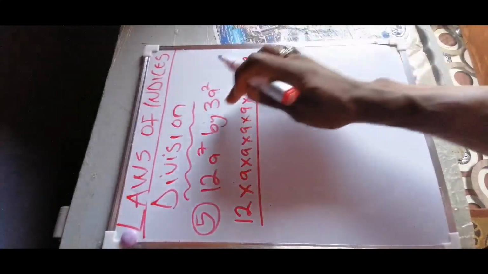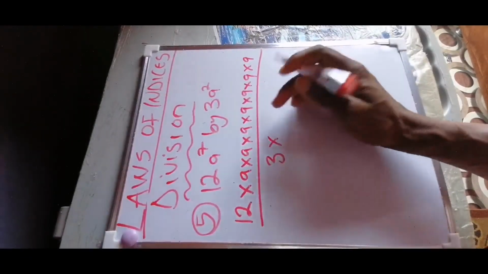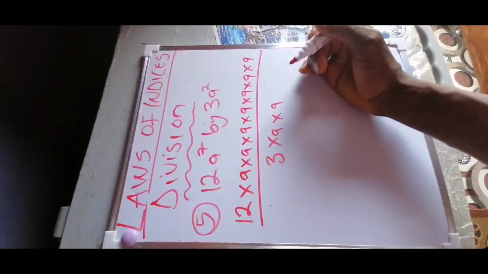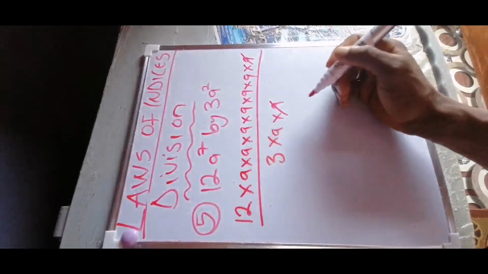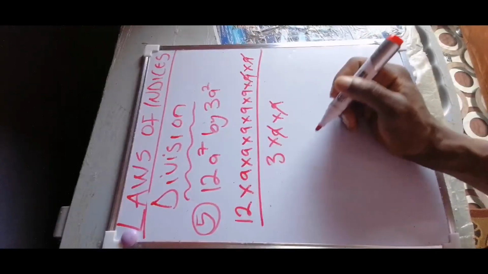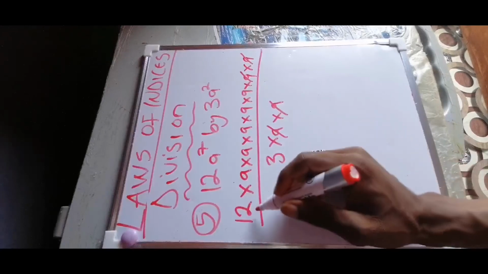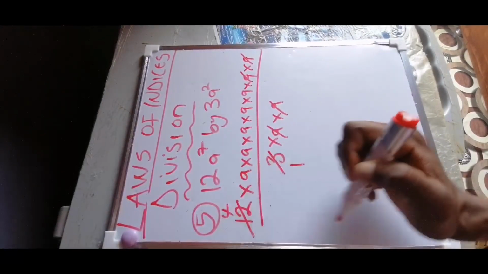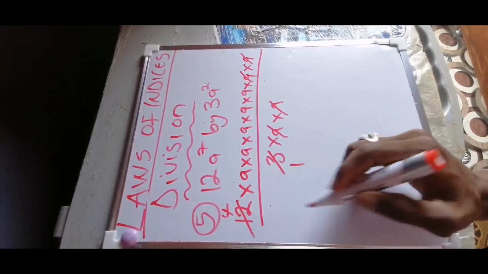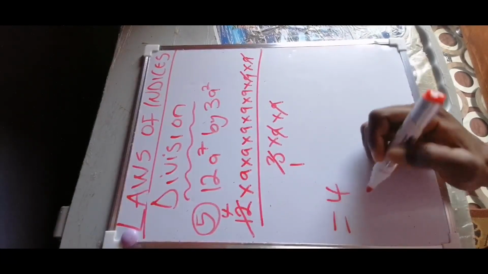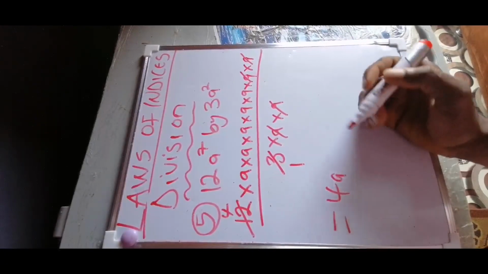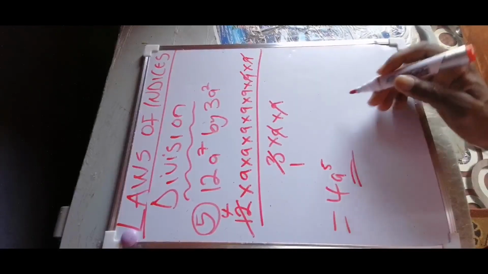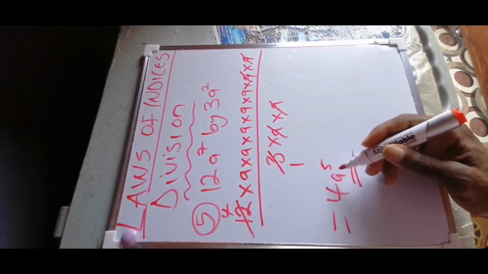Then divided by 3 times, here we have 2 a's: a times a. So a cancels a, a cancels a. So here we have 3, here we have 12. 3 into 12 is 4. So our answer equals 4a raised to the power of 5 is our final answer. 4a raised to the power of 5.